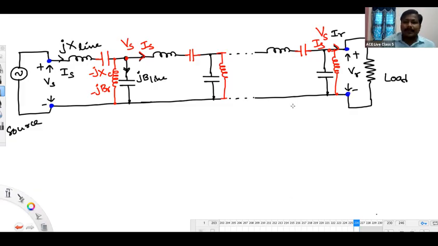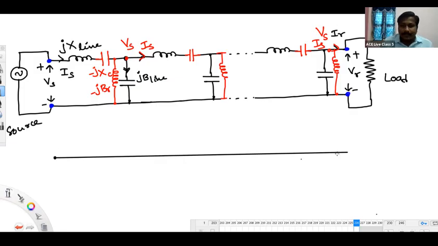See, for example, in the view of a practical transmission line, this is a practical transmission line wire having a certain length. Total length of line, let us say 300 kilometers. Now I'm dividing this into, let us say, 6 sections.